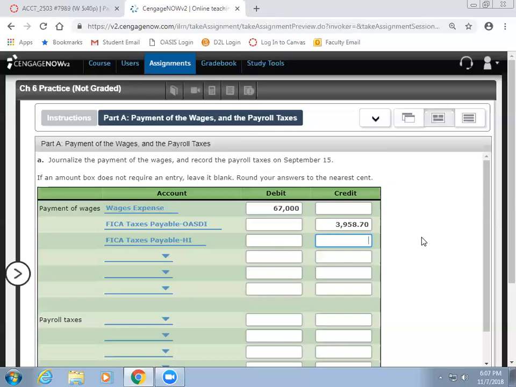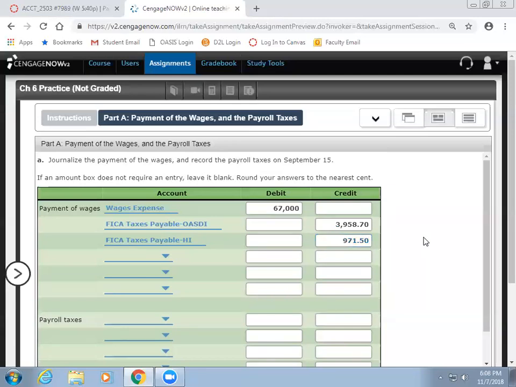Yeah, 1.45%. Make sure you're doing it off of the full 67,000. They tell us that the total payroll is taxable under Medicare, the high. Yeah, very good.